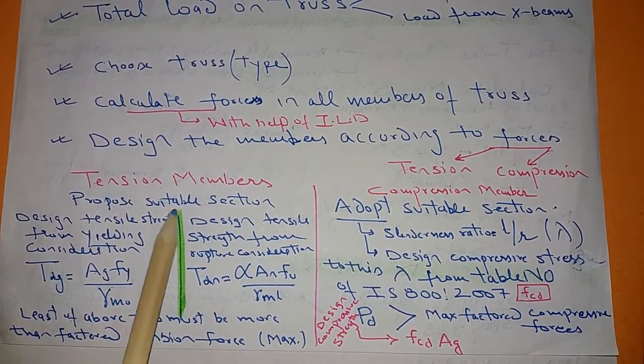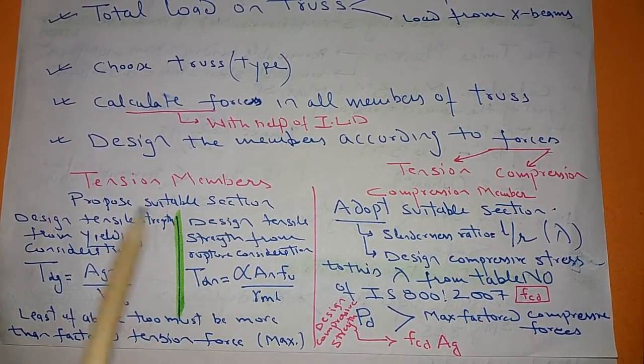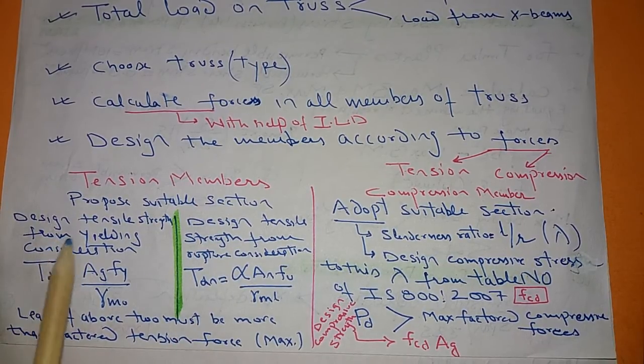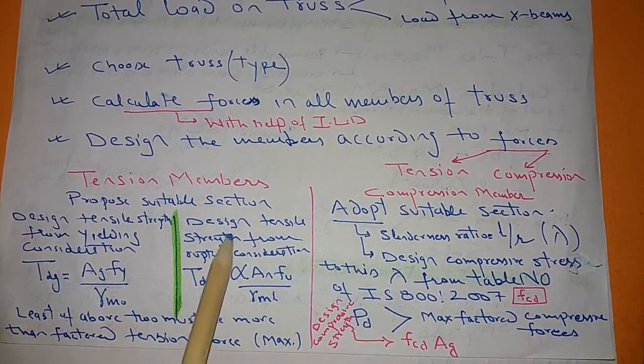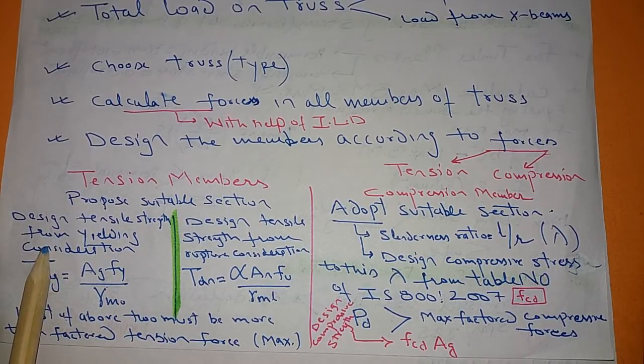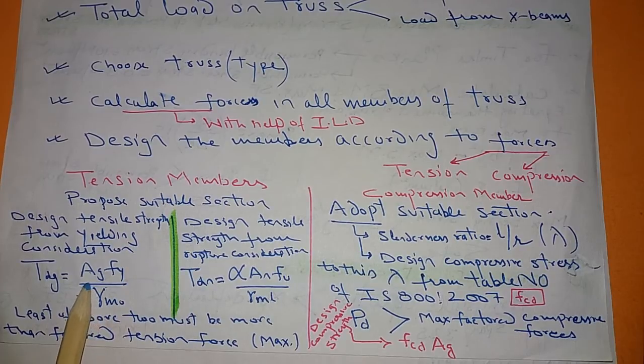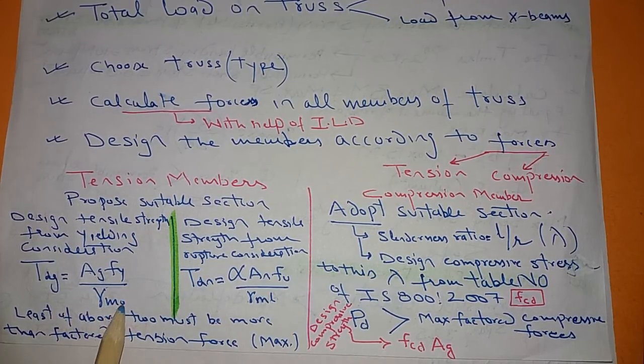First you have to propose your suitable section. According to the suitable section, this has to be designed with two different things. One is design tensile strength from yielding consideration. The formula is gross area into Fy upon gamma m.